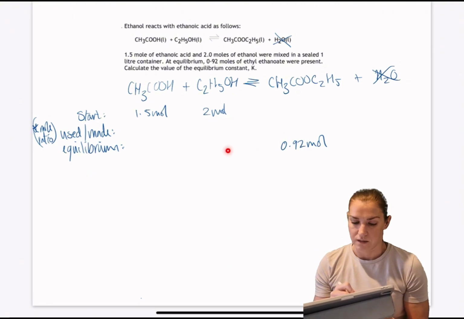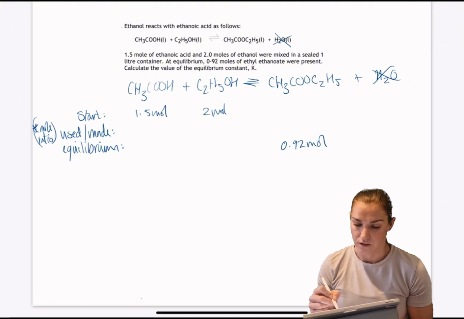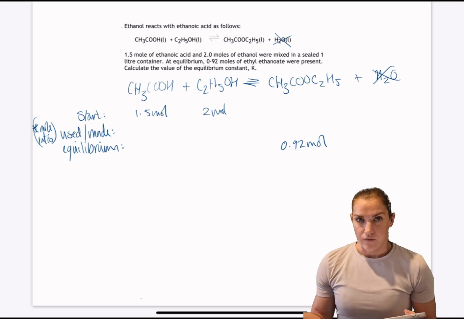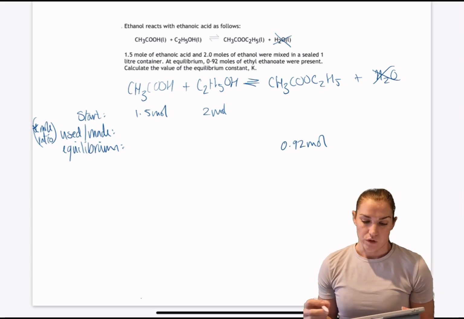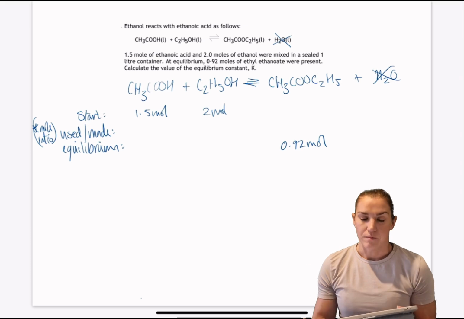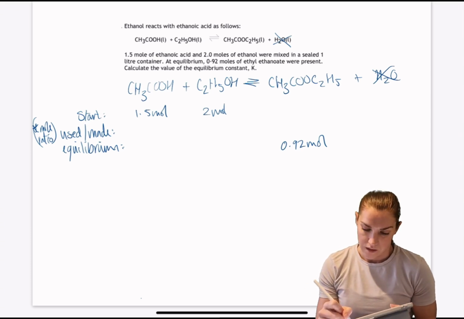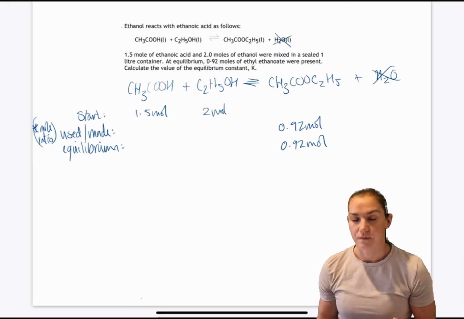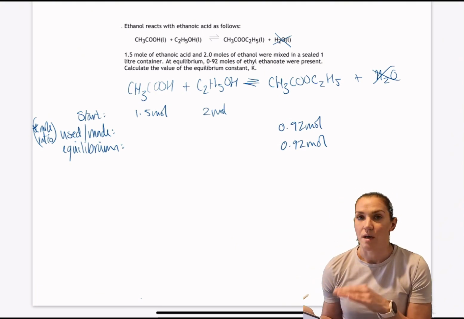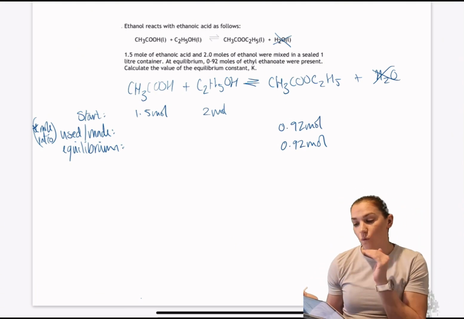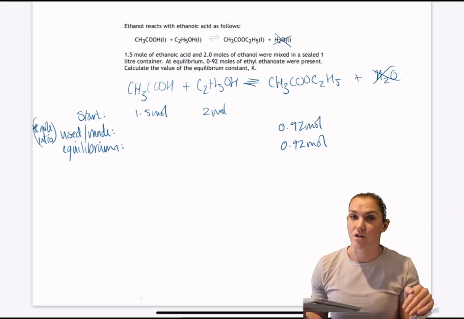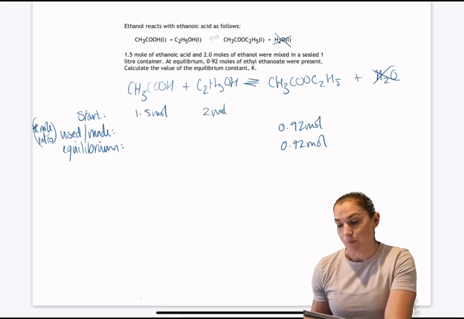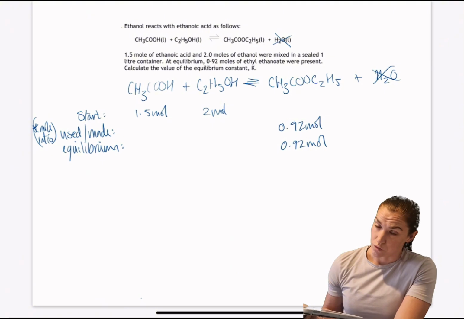So I'll write that on the equilibrium line, underneath the ester. If there was 0.92 moles of the ester at equilibrium, then that's how much was made. Okay, so 0.92 moles were made at equilibrium. Now that we've got a number in that middle row, we can use the mole ratio in the reaction in order to work out how many moles of the reactants were used.